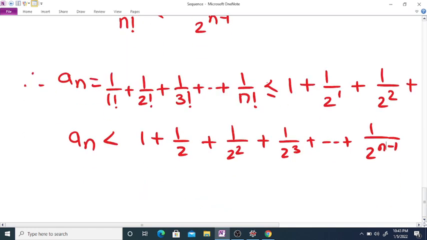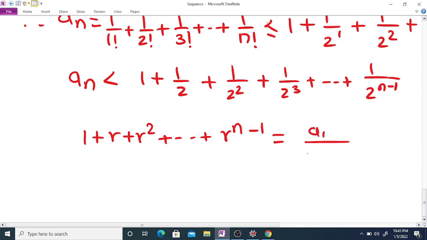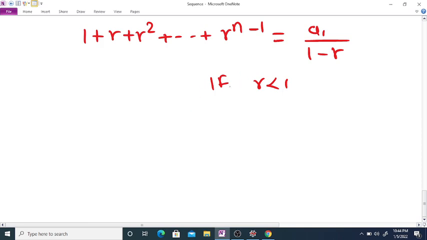Now we know that from the geometric series, the sum of the geometric series 1 plus r plus r squared plus ... plus r raised to n minus 1 is equal to the first term divided by 1 minus r, if r lies between minus 1 and 1.